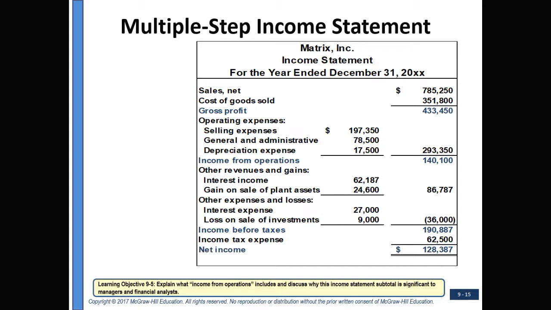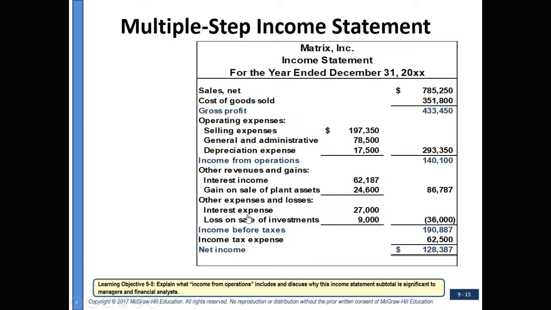So let's just take a quick look. Right here, we have income from operations of $140,100. The components of that are all the things that the managers are using to generate sales. That's what those expense components are. How effective are they at generating this amount of net sales?